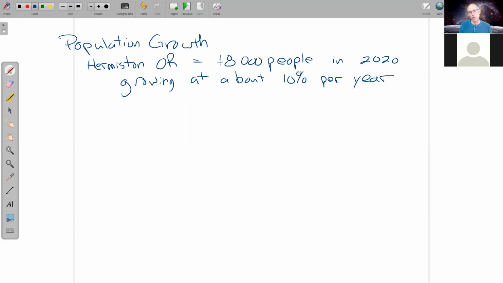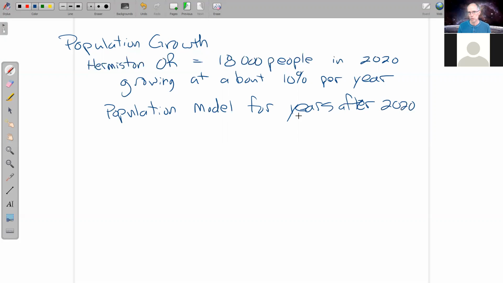And so if we wanted to make a population model for Hermiston for years after 2020, years after 2020 would be how I'm going to measure time.